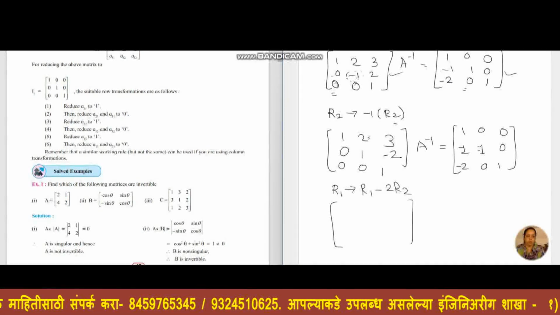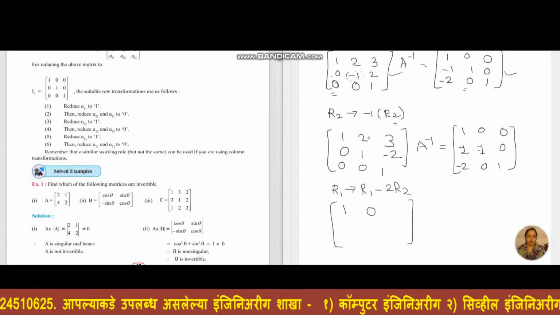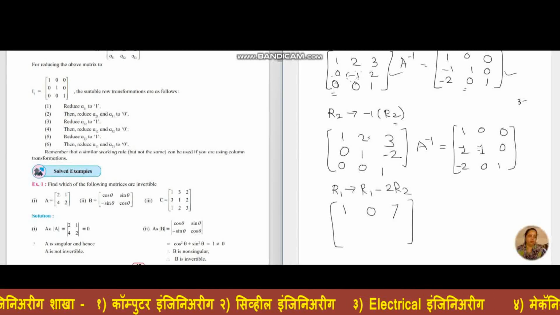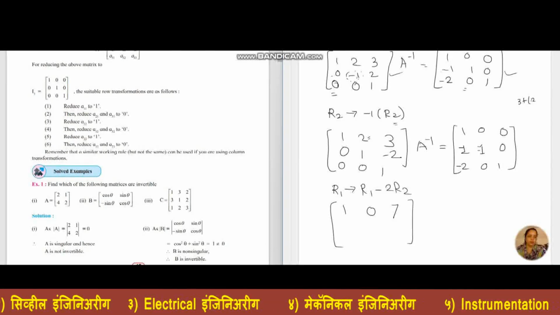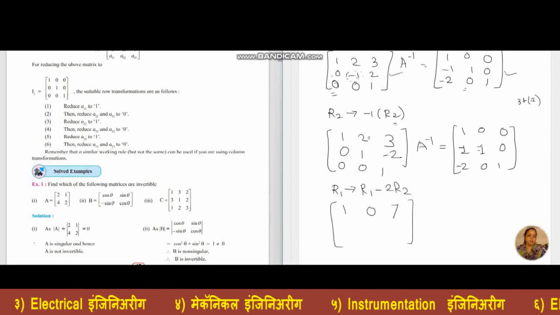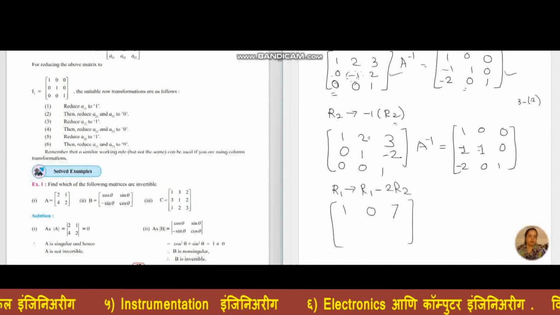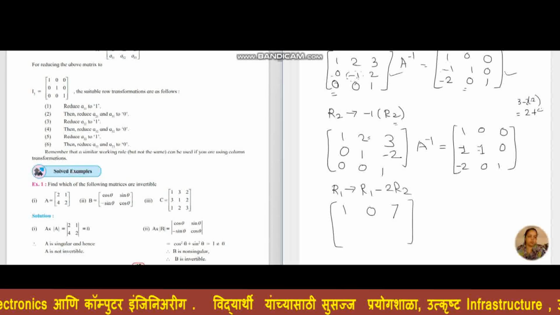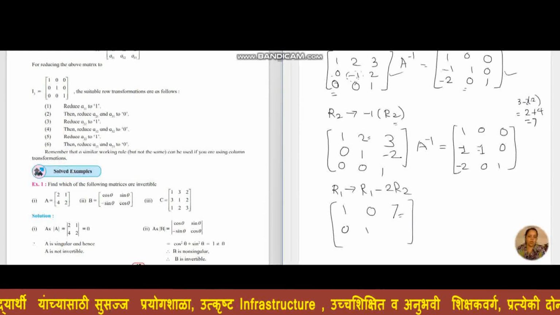We get 1, 0, 7; 3 plus minus 2, 3 minus 2 into minus 2, which is equal to 3 plus 4, which is equal to 7. So here it is 7. The next two rows are as they are.